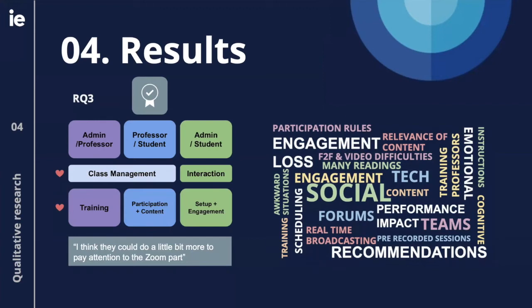The main insight we noticed with question 3 was that through understanding class management and the relationship between the administration and the professor, and then the professor and the students, we could develop a set of training that could teach both professors and students how to cope with this new model and better the engagement and motivation.